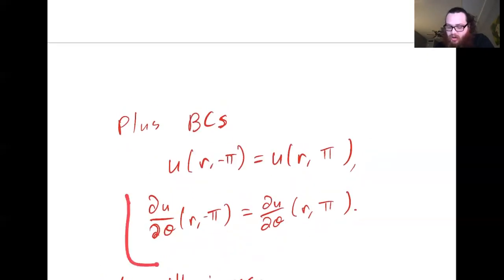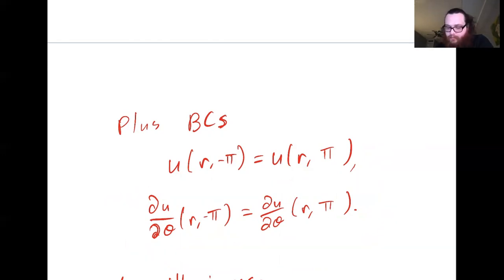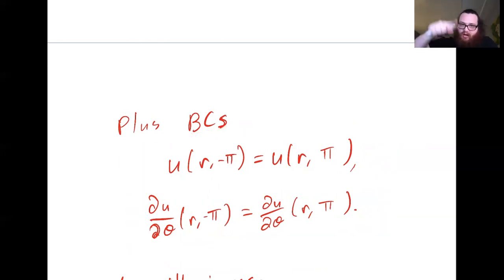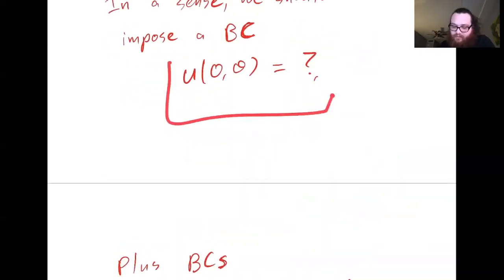And then the condition on the derivatives being continuous, or the function being differentiable across that boundary piece, plays in here. So this establishes that our function is continuous across that θ boundary piece, but we still need to do something about our solution function at r equals 0.